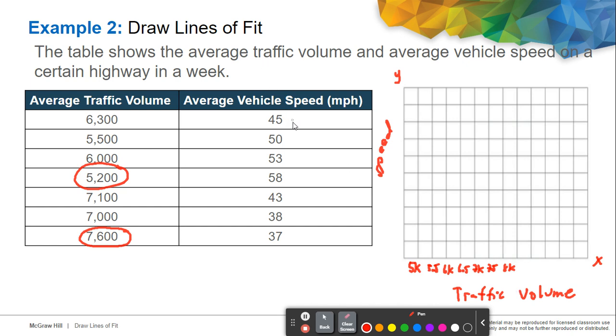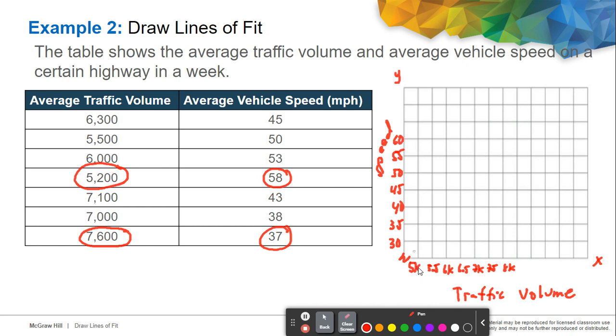And then for our vehicle speed, our smallest is 37 and our biggest is 58. Let's say we can start with 30, and then we can move on by 5: 30, 35, 40, 45, 50, 55, and then 60.